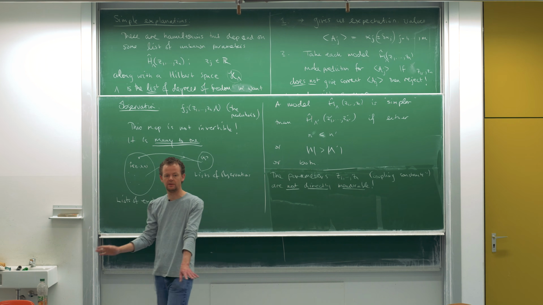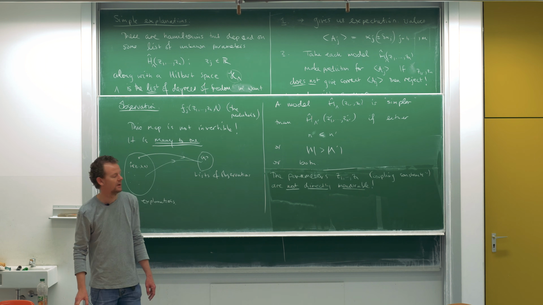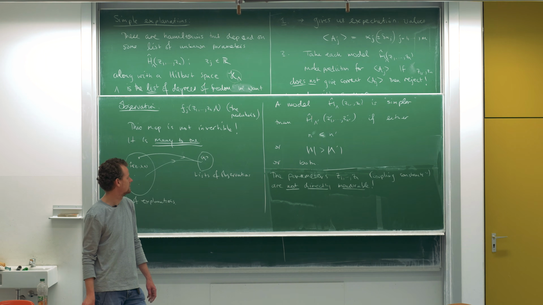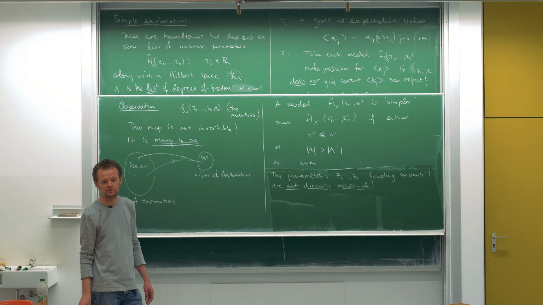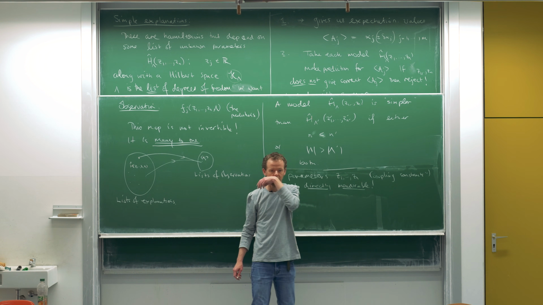this was kind of clear from everything I've said before, and I've stressed this before, and you'll definitely have remembered me saying this from the last semester. These parameters here, these coupling constants, are not directly measurable. It's not always the case that there exists an experiment which directly measures the Z1.